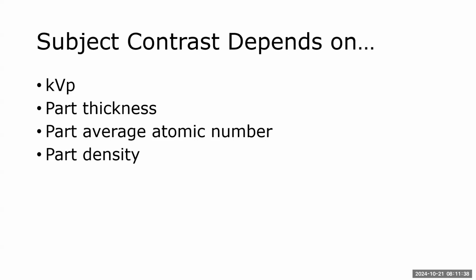The only one of those that we can possibly adjust a little bit is part thickness through what we call compression. So it's common in mammography. You guys are really young, so none of you have, anybody in here by chance had a mammo yet?